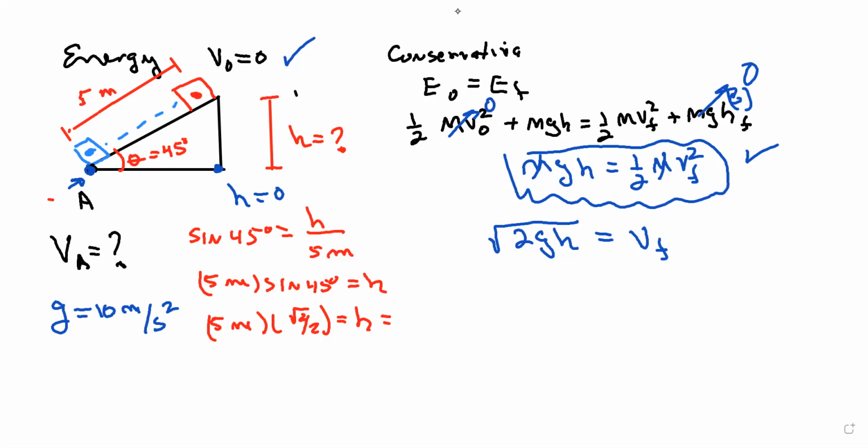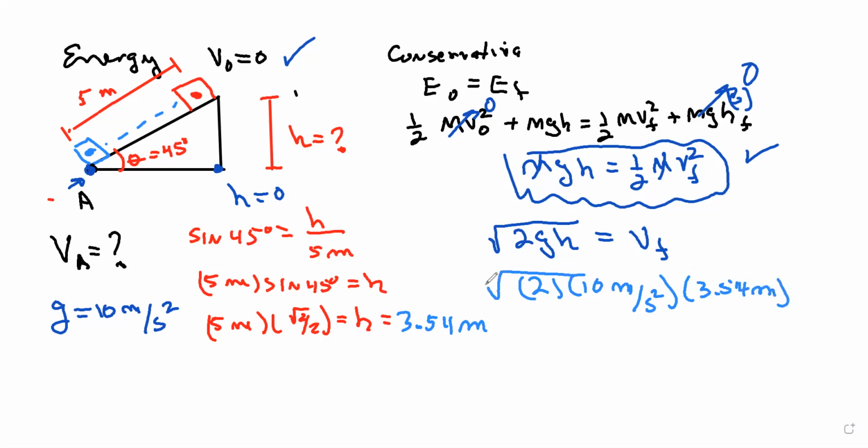So what do we have here? We have 3.54 meters. And then we go ahead and we plug it over here. So we got 2 times 10 meters per second squared, and h is going to be 3.54 meters.